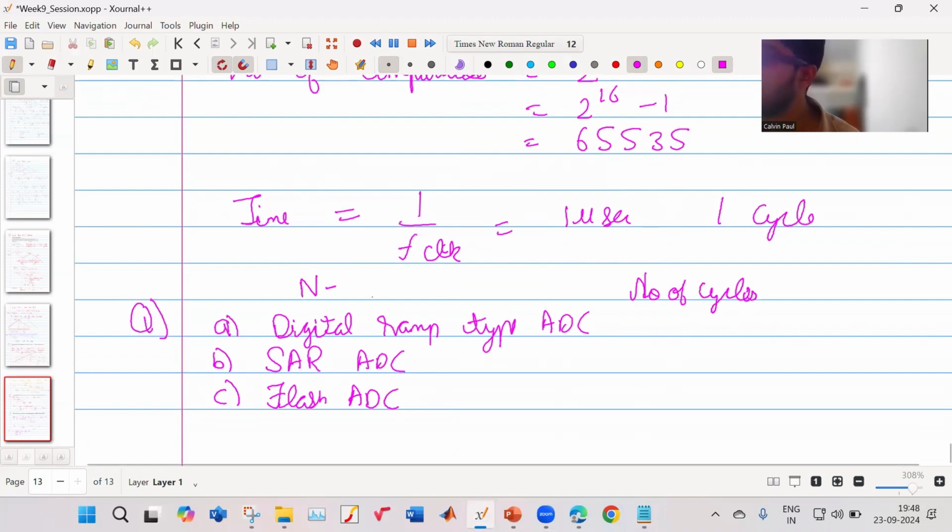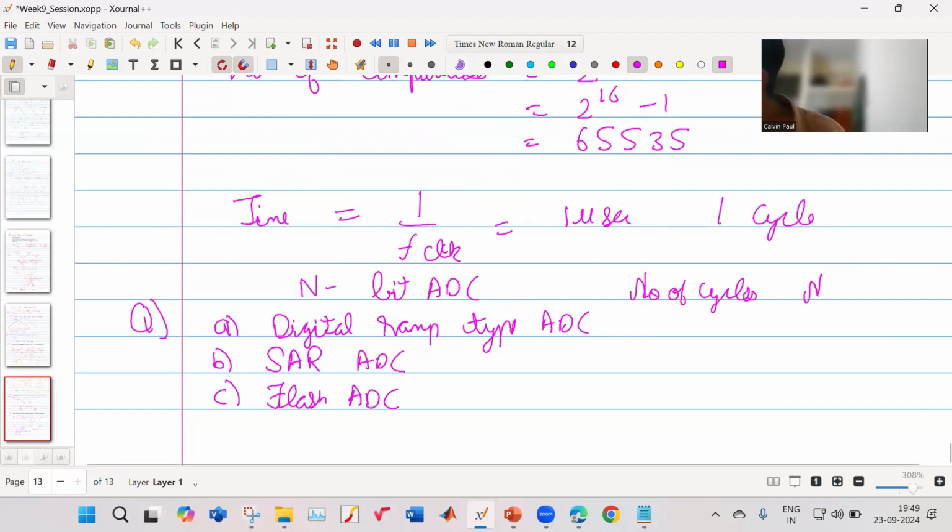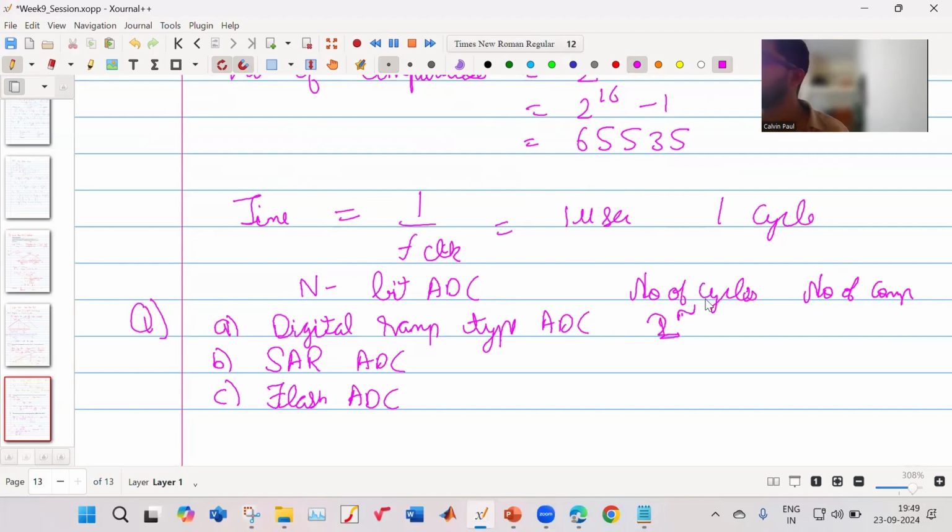Suppose there are n-bit ADCs. How many cycles are required for the digital ramp type ADC? 2 raised to n cycles are required. But how many comparators do I need in this case?